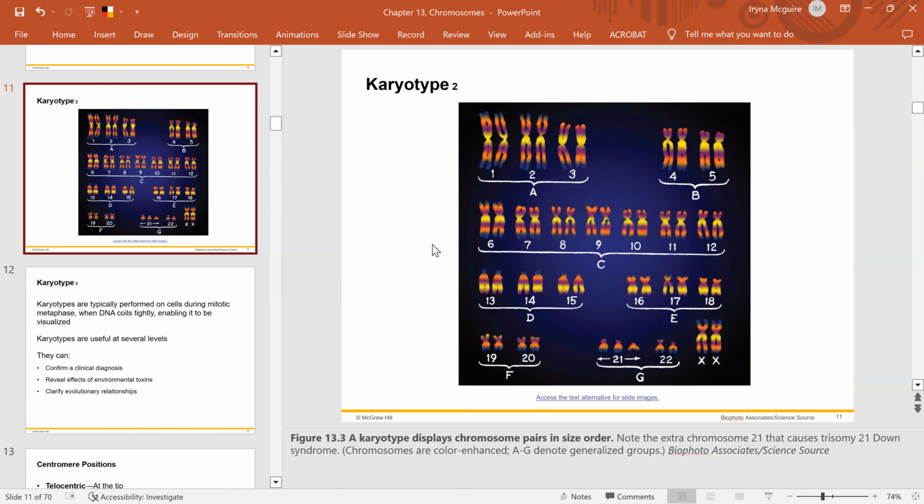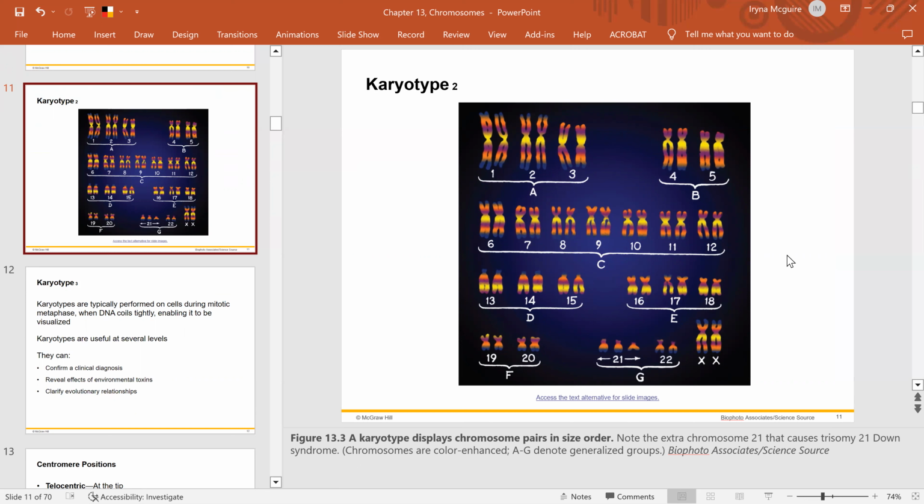The picture will look similar to the one that you see on your screen right now. We have chromosomes 1, 2, 3, and so on. Chromosome 1 is the largest one, and chromosome 22 is the smallest one. And we also have sex chromosomes.